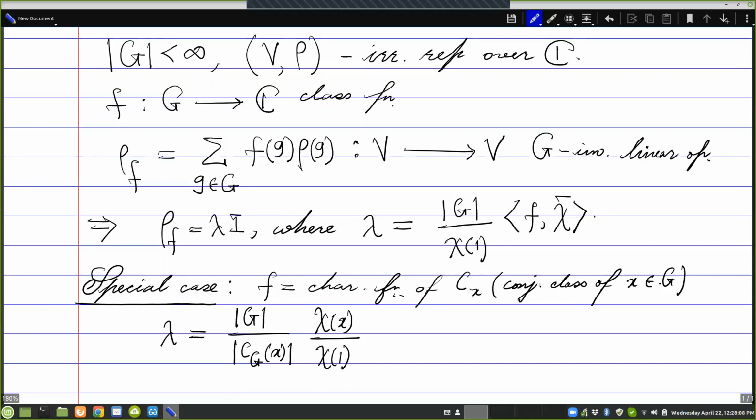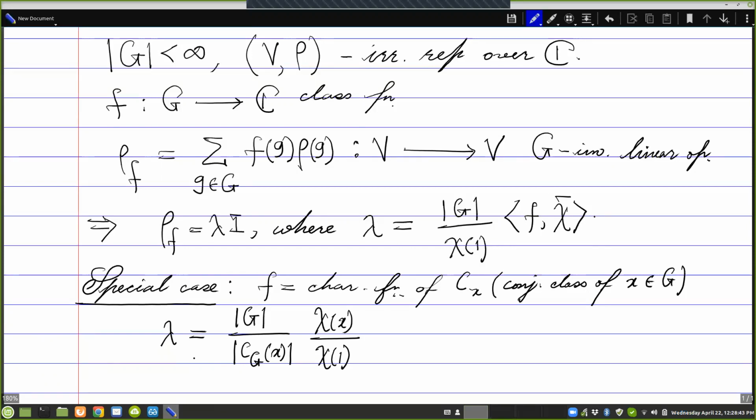Then the value of lambda turns out to be this. Because F is the characteristic function of the conjugacy class, this will be chi(x) times the order of the conjugacy class, which is trivially this by the orbit-stabilizer theorem, divided by the order of G. Then the order of G gets cancelled. So this is what we get.